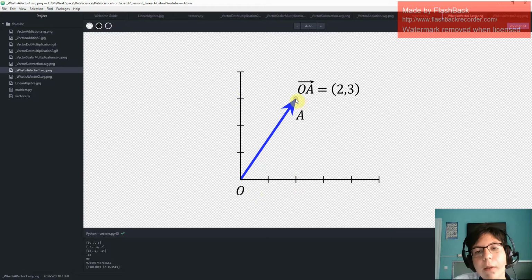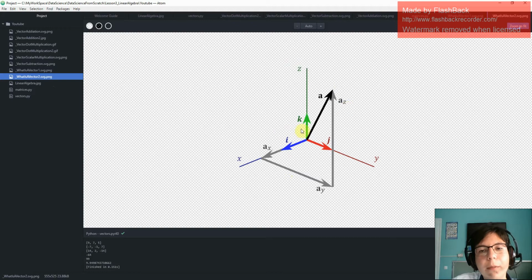So the length of this side will be the square of this side plus the length of this side squared, and then you find the square root of that sum, and that is the length of this side. And if you have more dimensions, then you just apply the Pythagorean theorem more times.